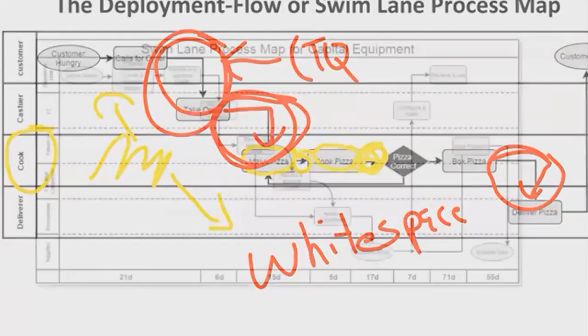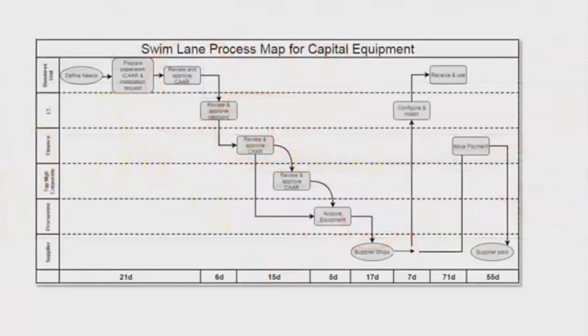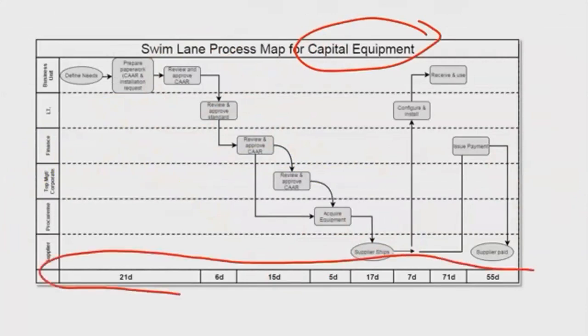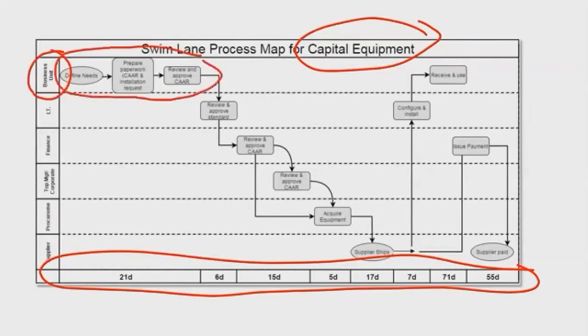So in this next example, this is a process map of a capital equipment procurement process. One of the things that I love about swim lane diagrams is that it makes it easy for team members to incorporate a timeline. At first, this timeline and the time metrics associated with the process could be estimates, where when we're interviewing this particular stakeholder, the business unit, we ask them, when you perform your activities up here, about how long does it take?